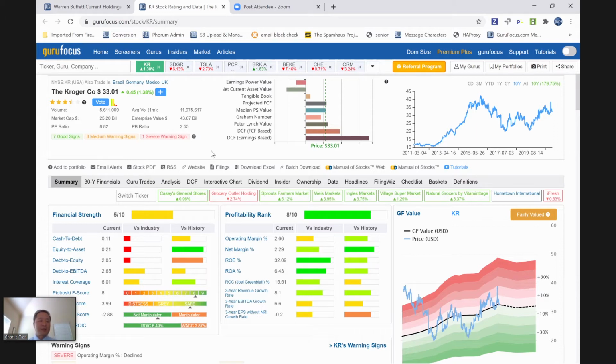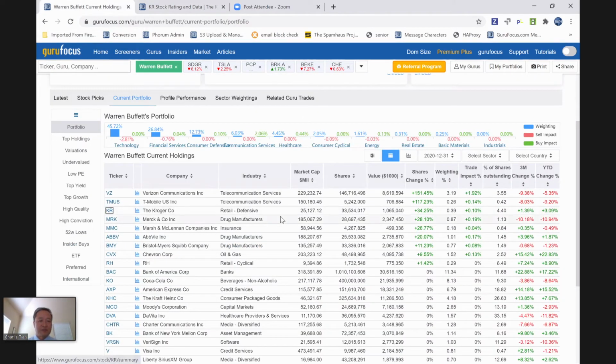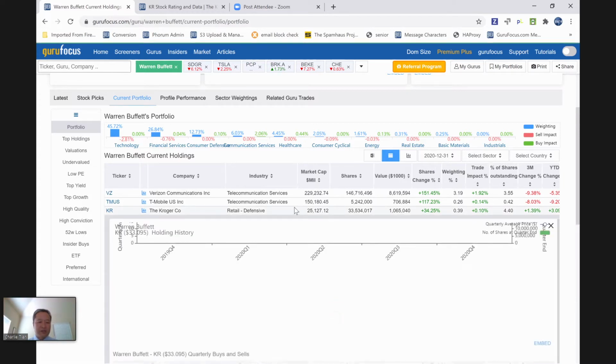But it seems like Warren Buffett did just that during the last quarter of 2020, and that's something I want to highlight.